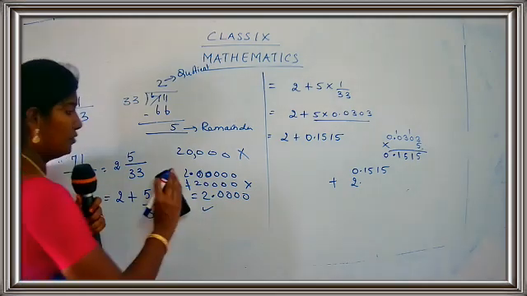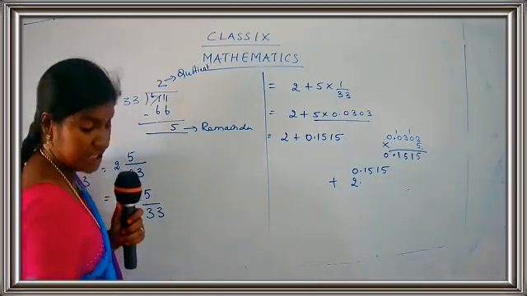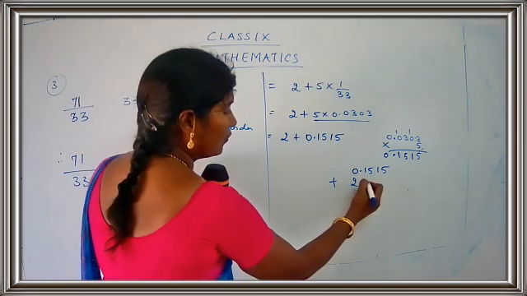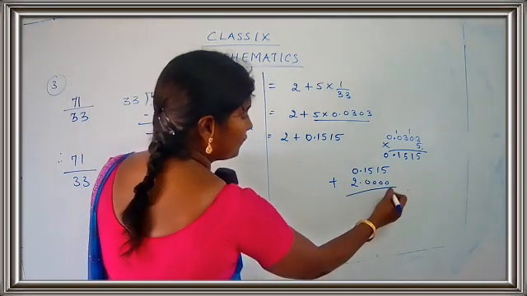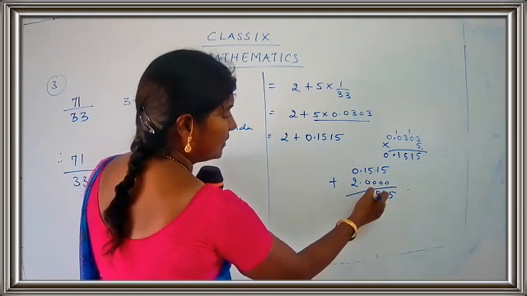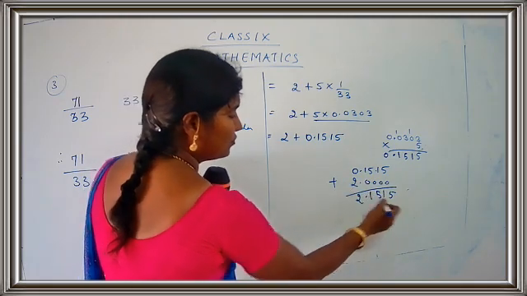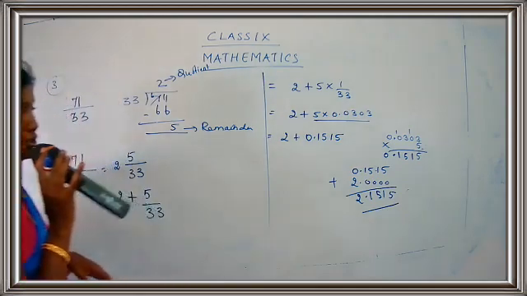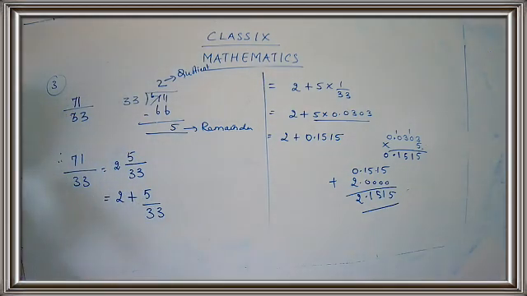Okay. So you can just put a decimal point and go on writing 0, 0. So 5, 1 plus 0, 1, 5 plus 0, 5, 1 plus 0, 1, 0 plus 2, 2. What is the answer? 2.1515.